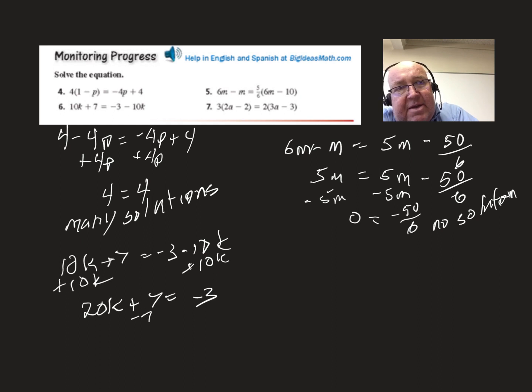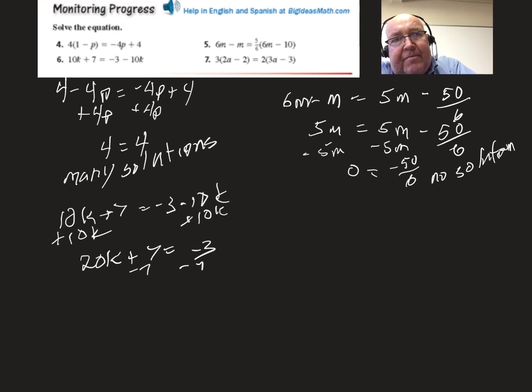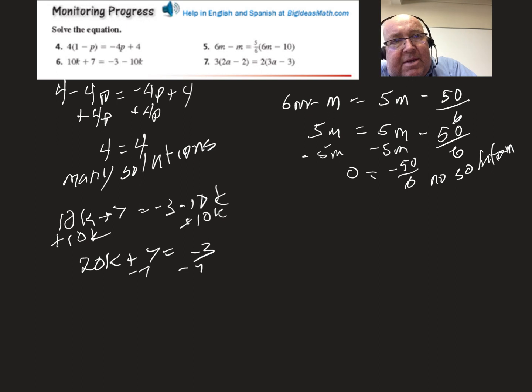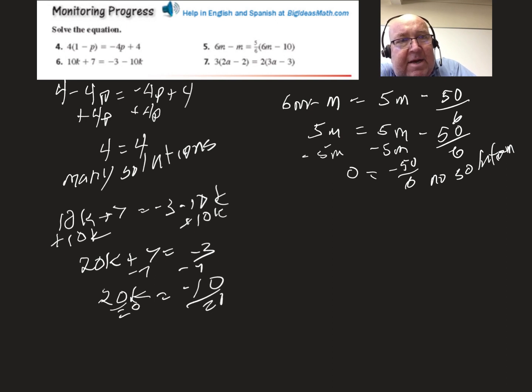Subtract 7, and we end up with 20k equals negative 10. Divide by 20, divide by 20. We get k is equal to negative 1 over 2.